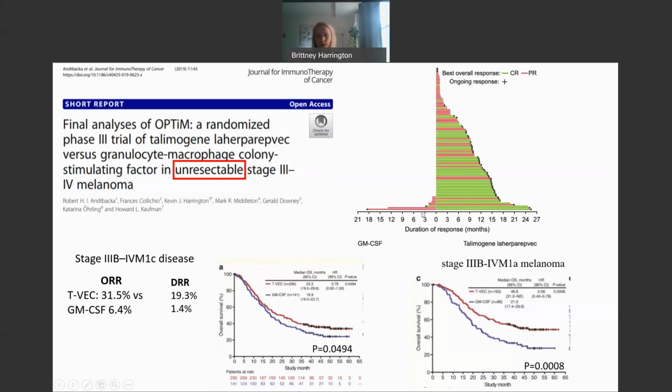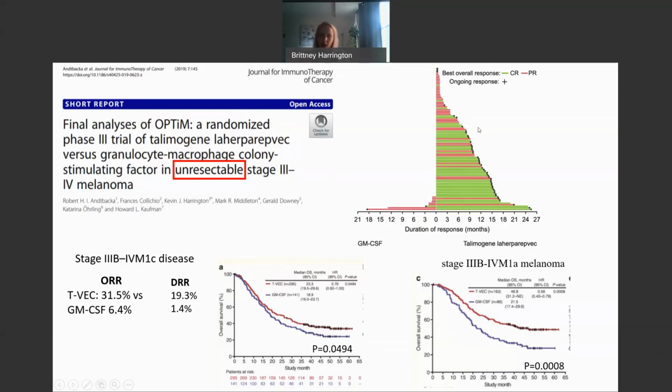This is a little hard to read, but on the left, 0 to 21, they've plotted the patients treated with GM-CSF, and I think they only plotted the patients that had a response.